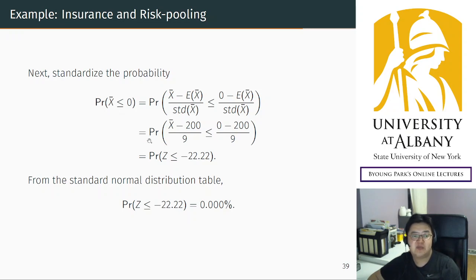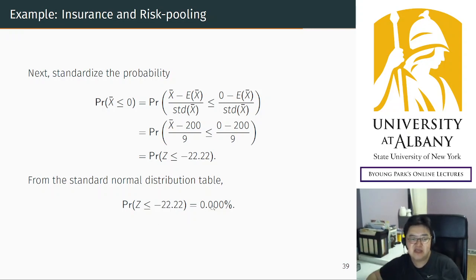So x bar becomes z, and the right hand side, 0 minus 200 over 9, equals minus 22.22. If you search for this probability on a calculator or on Excel, you will find 0.